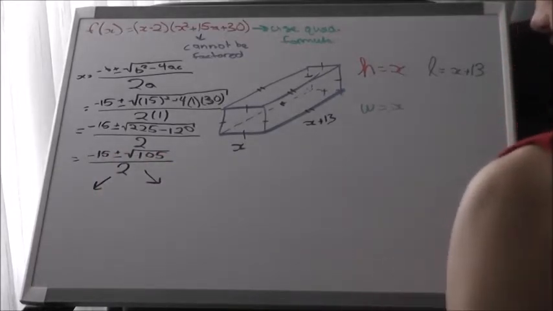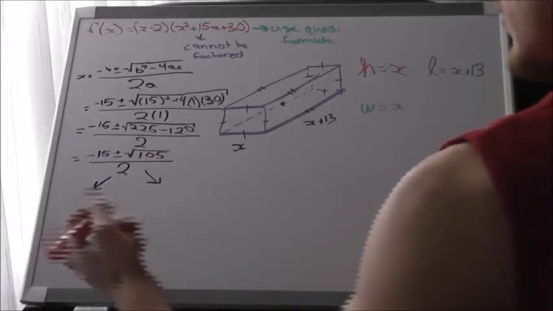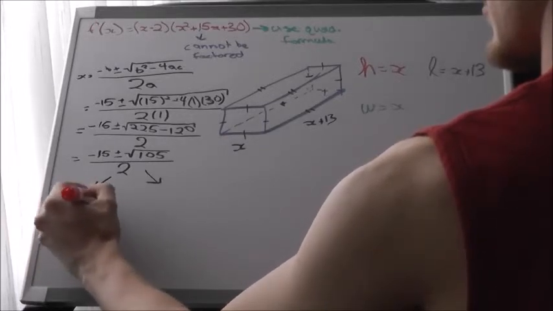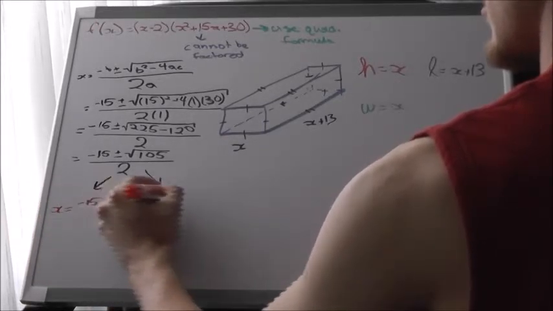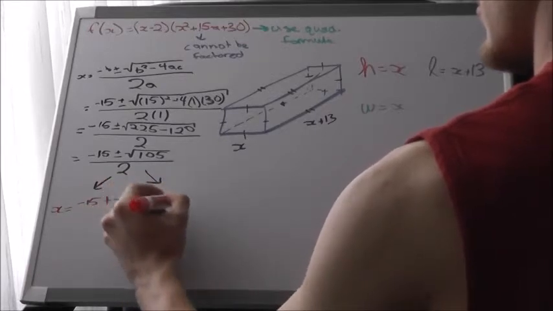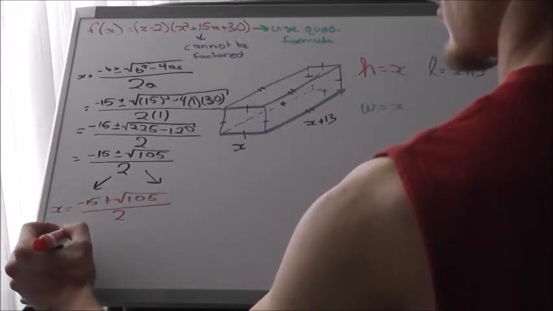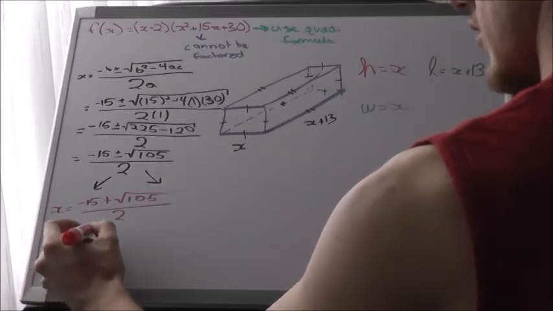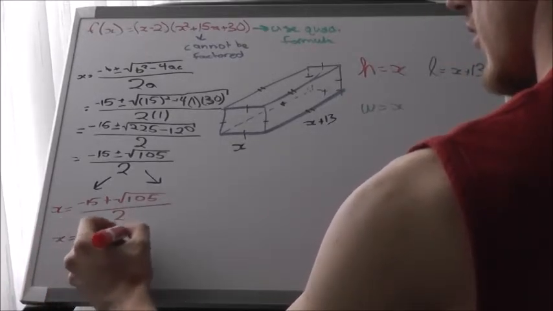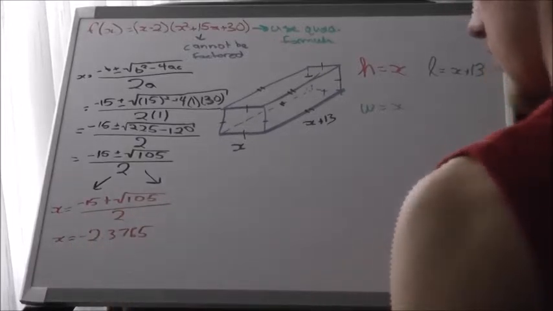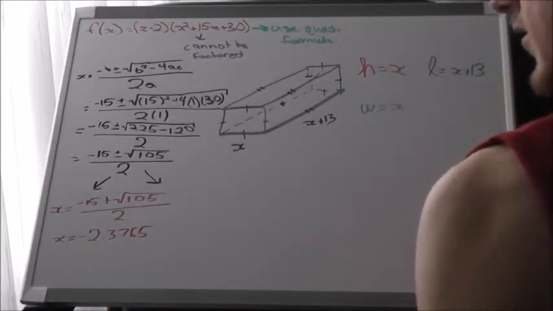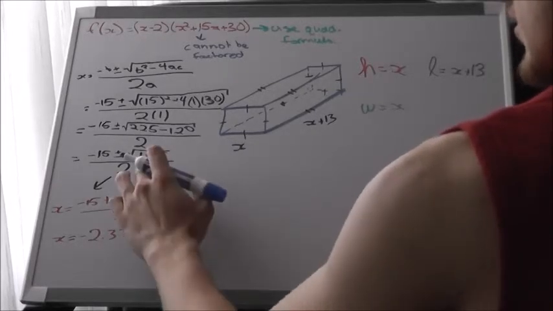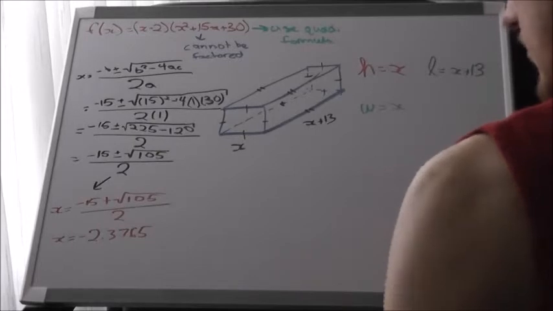Now we get two answers because our square root is plus or minus. So our first one is going to be x equals negative 15 plus the square root of 105 all over 2, which means that x is equal to negative 2.3765 approximately. And our second answer, we have to now subtract the square root of 105.